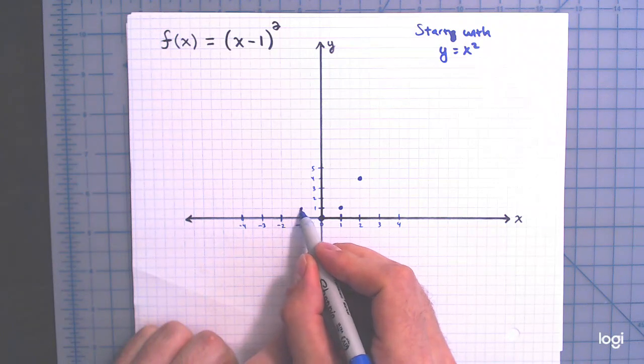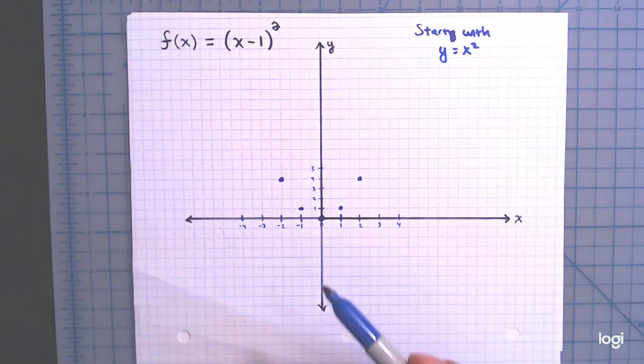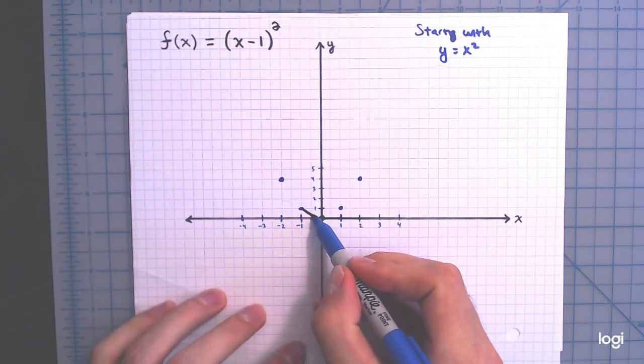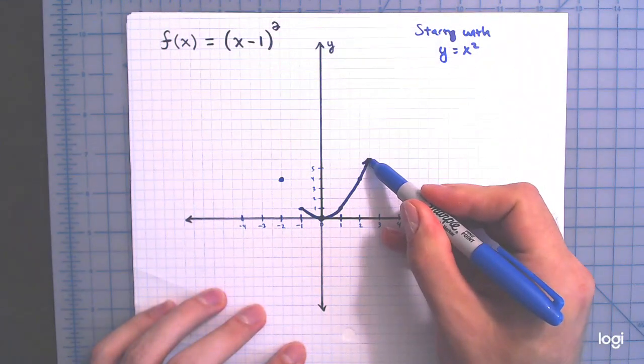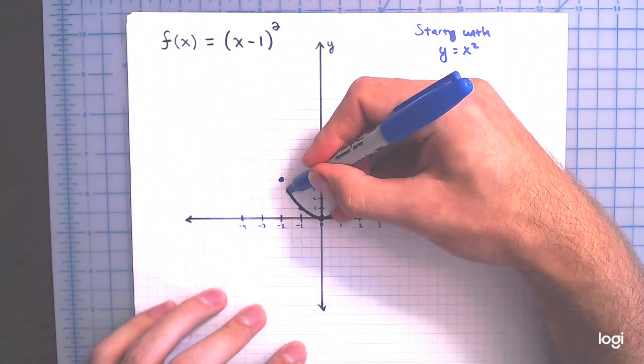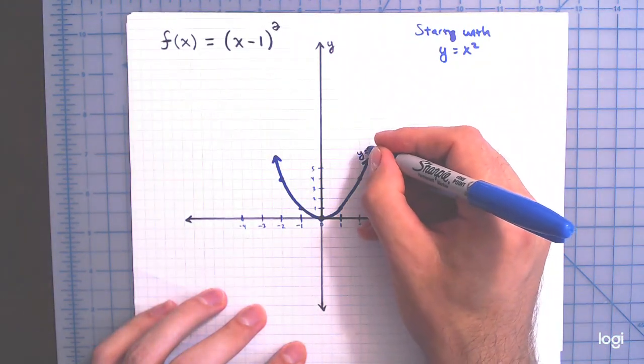Negative 1 squared is 1. Negative 2 squared is 4. So there's a bunch of points, and I plot my parabola. It's this U-shaped thing, going like this. There's the graph of y equals x squared.